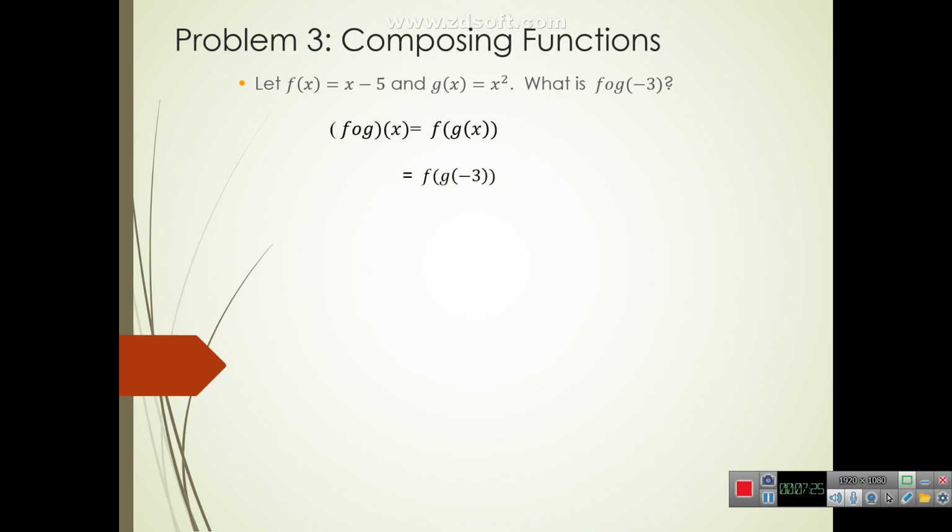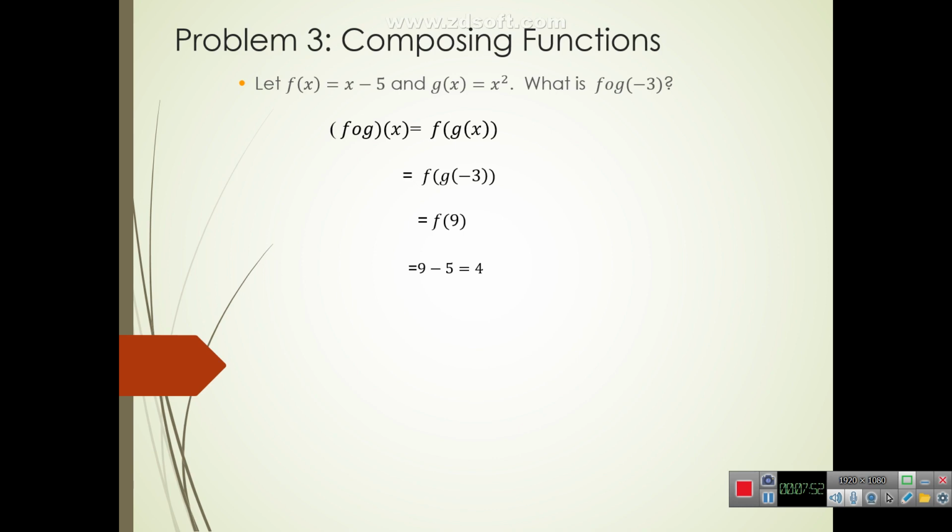And let's substitute in f of g of negative 3. Evaluate g of negative 3. That means plug negative 3 into g. That is, it will be negative 3 squared. Negative 3 squared will be 9. You'll get f of 9. Now, 9 is an input value for f. It will be 9 minus 5, which is going to be 4.